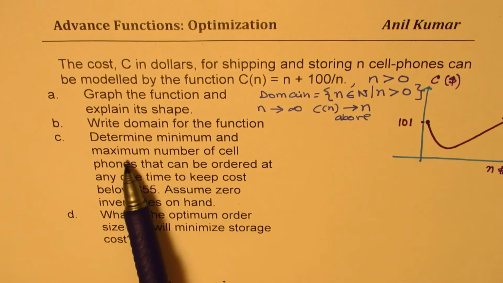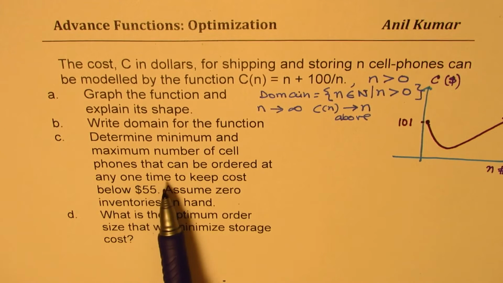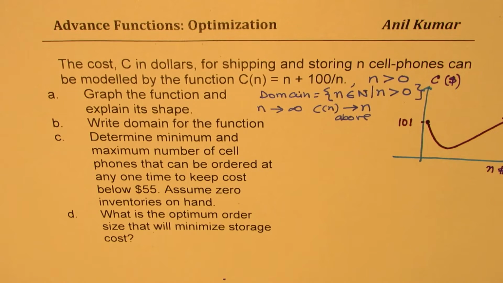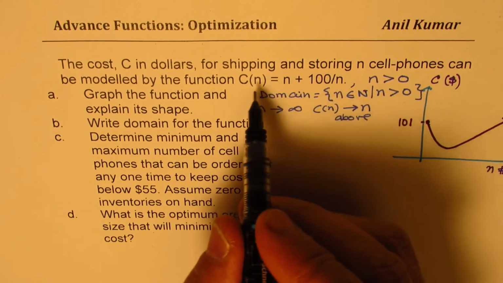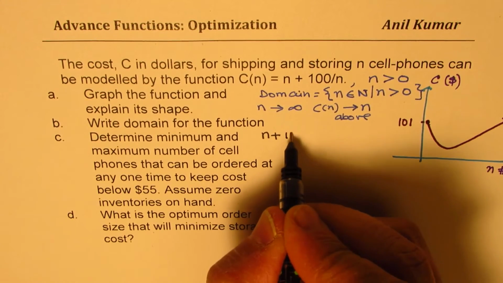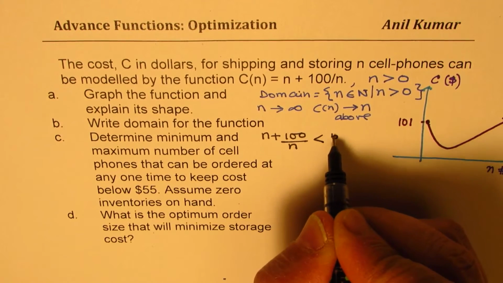Determine the minimum and the maximum number of cell phones that can be ordered at any one time to keep the cost below $55. Well, the minimum number is 1. Now we need to keep the cost below $55. That is to say, the value n plus 100 over n should be less than 55.